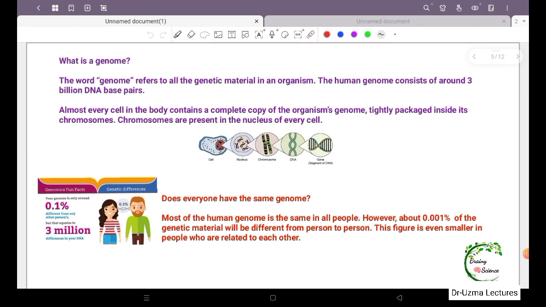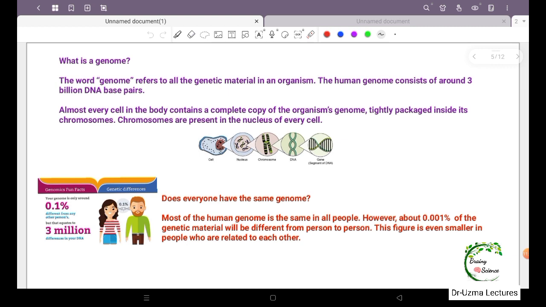Does everyone have the same genome? Most of the human genome is the same in all people. However, 0.001% of the genetic material will be different from person to person. This figure is even smaller in persons who are related to each other. What do you mean by related? This relation is told in much more detail in the genetics portion, which is known as the Hardy-Weinberg law.